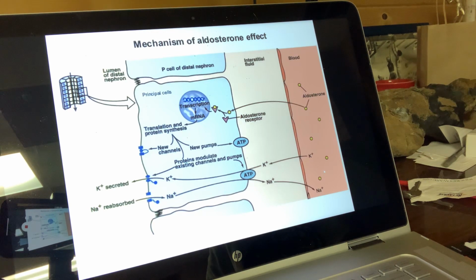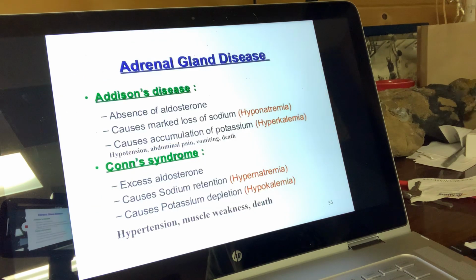So your sodium levels in the blood go up, your potassium levels go down, so you end up with hypernatremia, high sodiums, hypokalemia, low potassiums. You end up with, because you retain all that water, hypertension, because you have increased fluid volume. That can lead to muscle weakness and ultimately death.